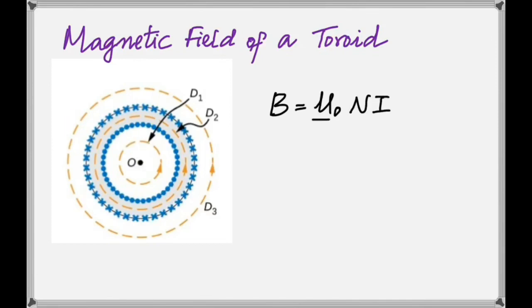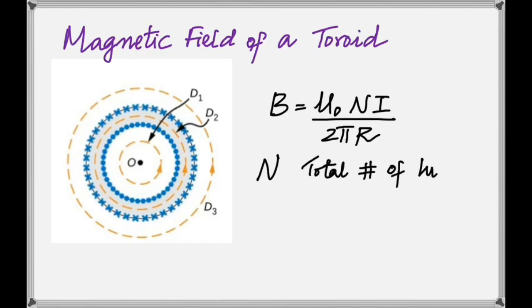And the formula for what's inside is now this. So look at the difference. Caps N, what does that mean? That's the total number of turns. Total number of turns. R is the radius of the toroid.